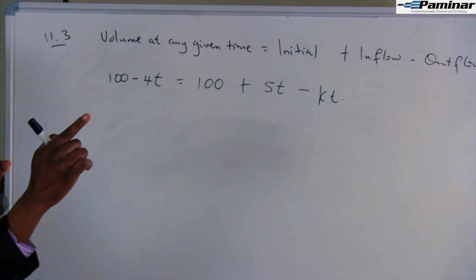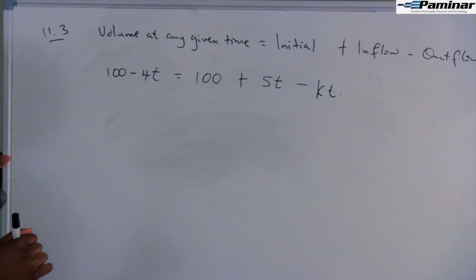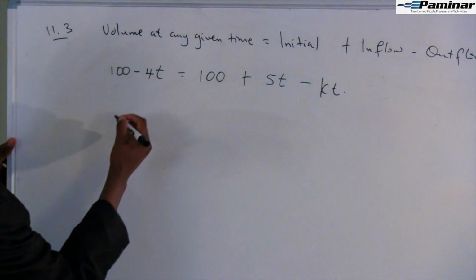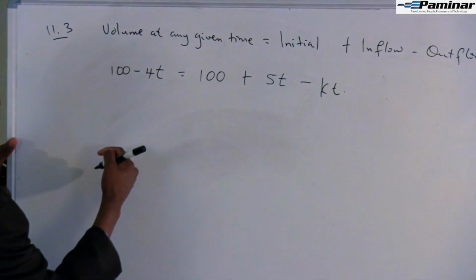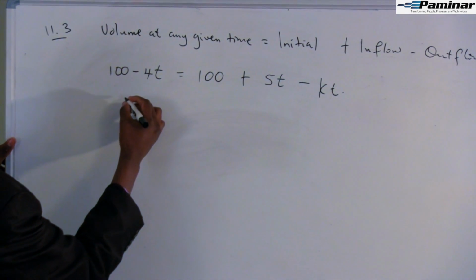Remember, we have to determine the value of K, the rate at which water flows out of the tank. So what am I going to have there? This and this one, what is going to happen?